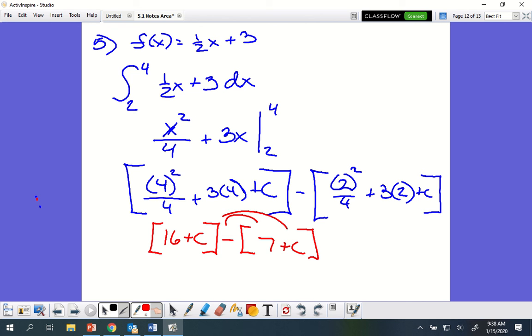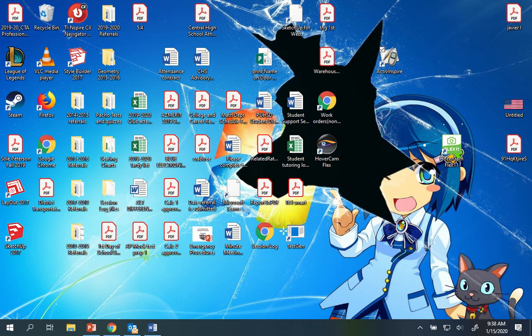So when I have a definite integral, the C goes away. So I'm going to end up with 16 minus 7. So my total area for number 5 would have been 9 units squared.